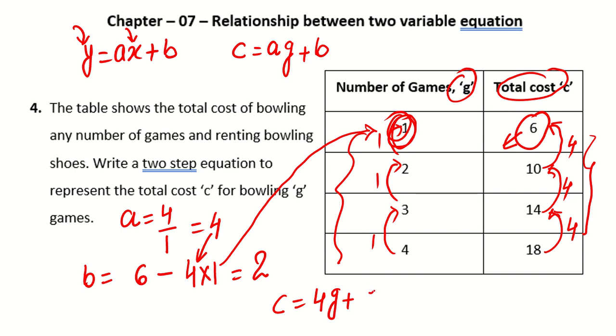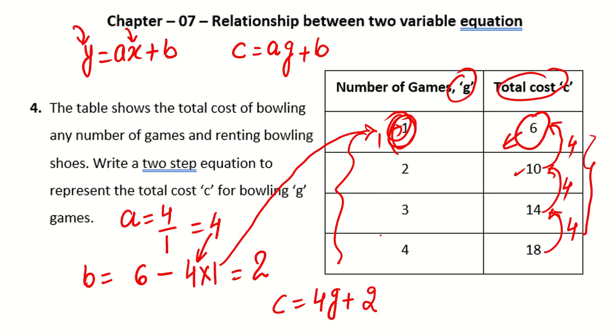And you can check the answer also. First you take the value of G as 1. So put it here, 1. 4 multiplied by 1 is 4. 4 plus 2 is 6. For 6 it is okay. Then now take the value of G as 2. So what will you get here? 4 multiplied by 2 is 8. 8 plus 2 is 10. Here we are getting 10.